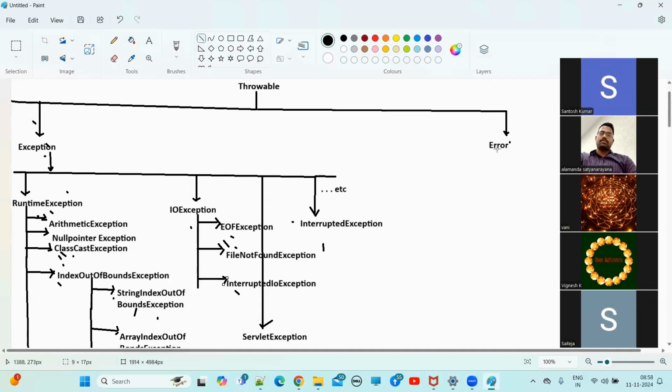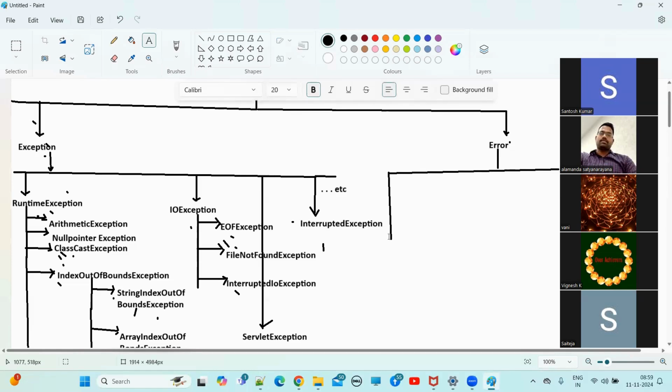Yes. Now the exception part is completed. Now we will discuss Error. We have one more child class for the Throwable class. What is the other one? Error, right? For Error, we have VMError, virtual machine error.